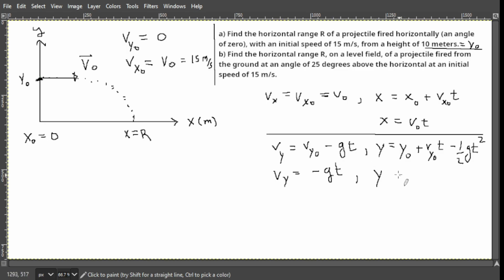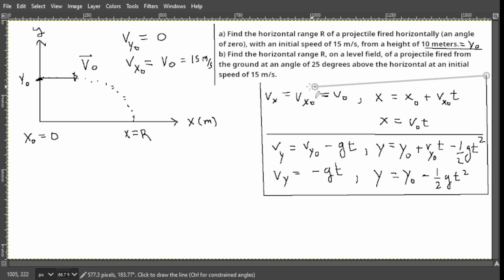And then the y position, y0, that's not 0. We shoot it from some initial height, but there's no initial component of y velocity, so this is just y0 minus 1/2 gt squared. So now we've simplified both our horizontal and vertical component equations for position and velocity.